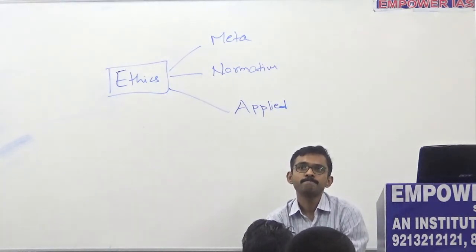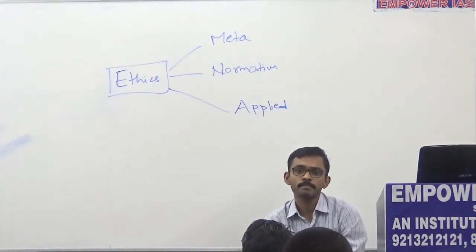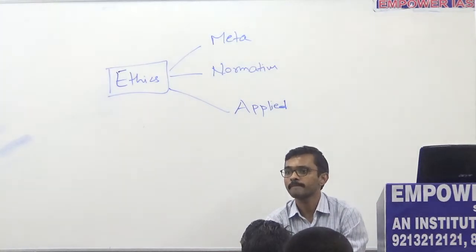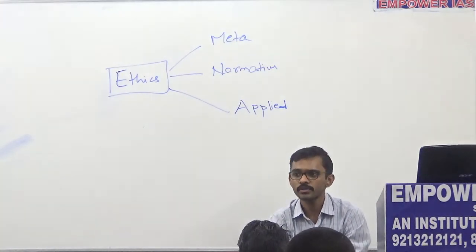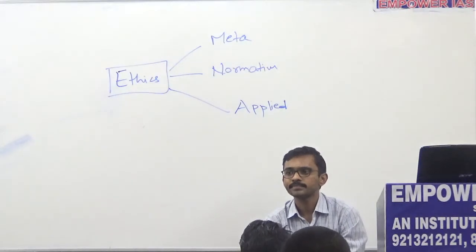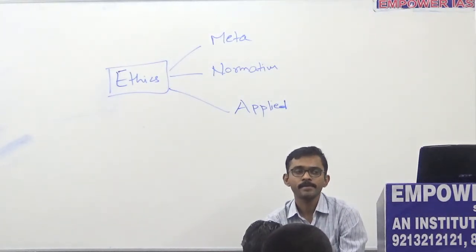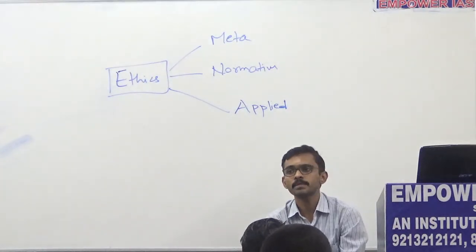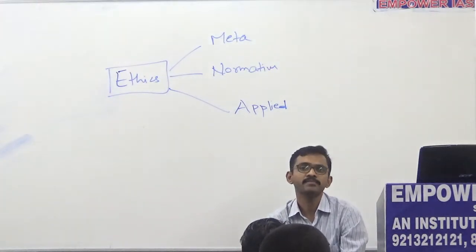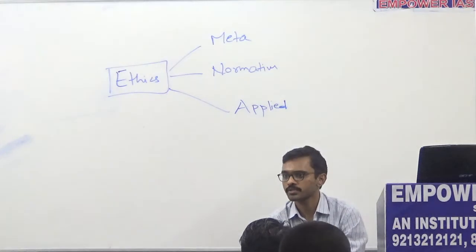Then the sons of the soil policy, sons of the soil doctrine, is another form of regionalism. You have heard of the sons of the soil doctrine? What is it? Basically, it's a doctrine that believes that only the local people from a particular area have the right over the local resources.